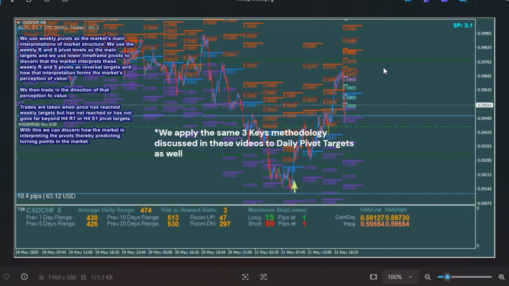And then we ended up with the final version of the three key system, which is a system that has a very, very high accuracy, where you can expect anywhere from 2 to 6 trades per week, which is a satisfactory frequency for swing trading.